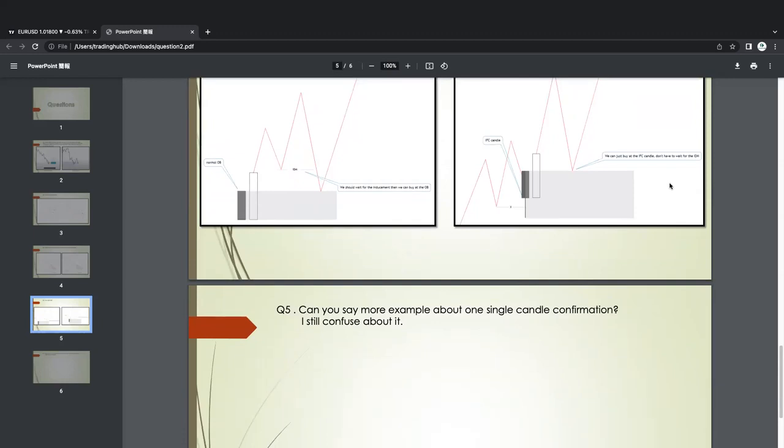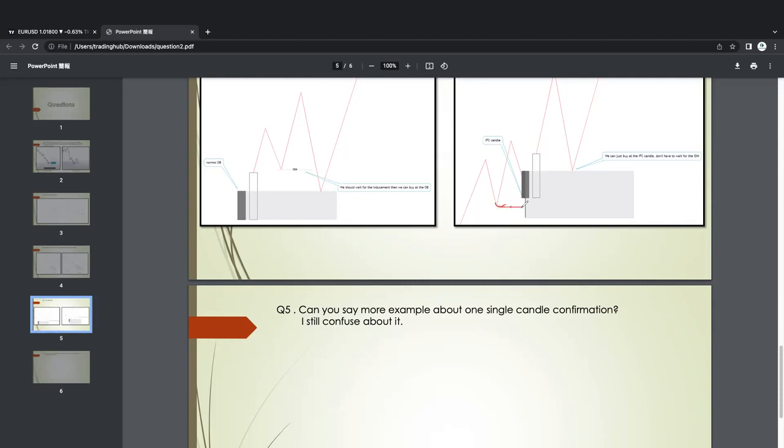In the IFC example, is it necessary to take the entire candle? IFC candle means a candle which has taken out the liquidity. So this candle took out the previous low, so it must close above it. If it closes above it, this is an indication that the market is actually looking for a reversal.